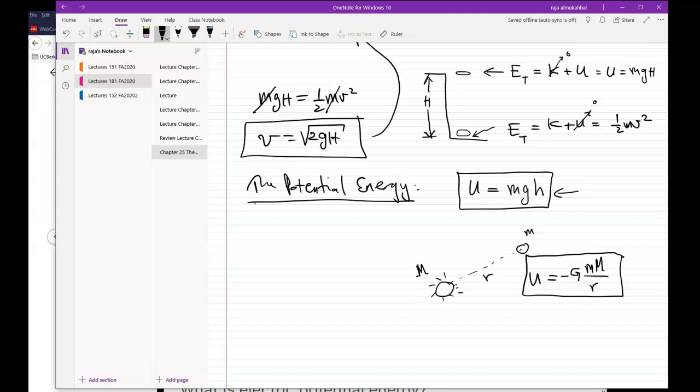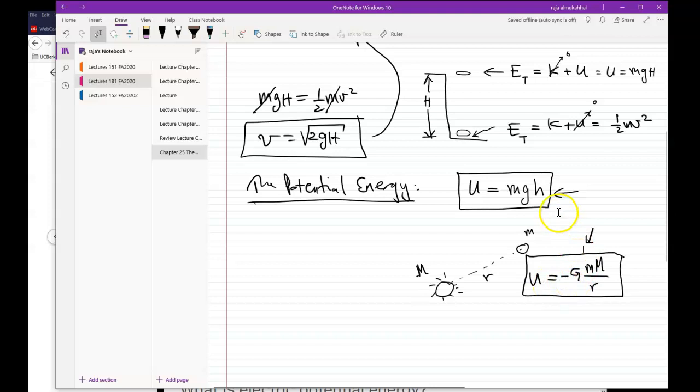So those are the two formulas that we deal with. Of course, you use the second formula when we're dealing with big terrestrial objects and the distances are vast and so on. The first one doesn't apply to this case, like I said, because there the height is assumed to be small enough that g does not change. You see what I'm saying? So this is basically what we have studied.